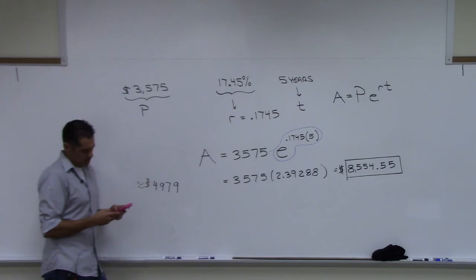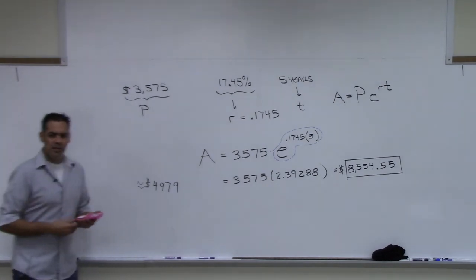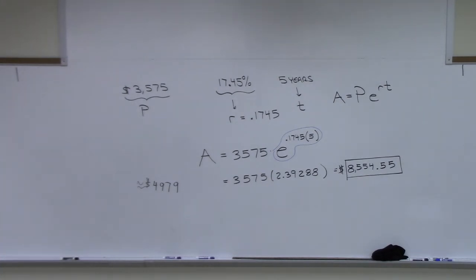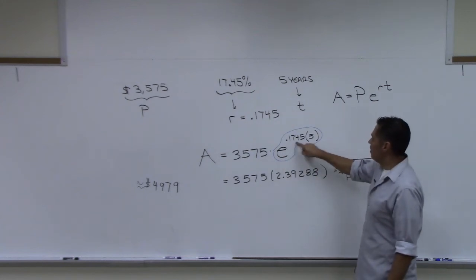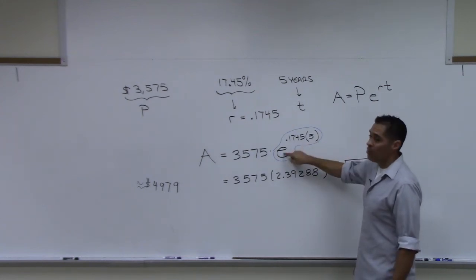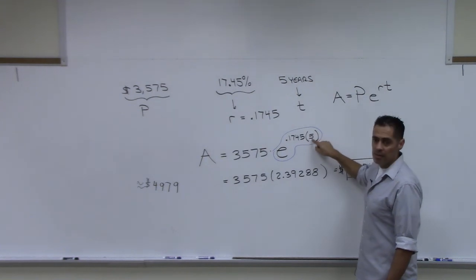It was 45, times 5, 2.3928. You got 27? Can I see how you typed it? Oh, I see what you did. Okay, so bring your E. This right here is not E times this. It's E raised to this times this. So try that again.